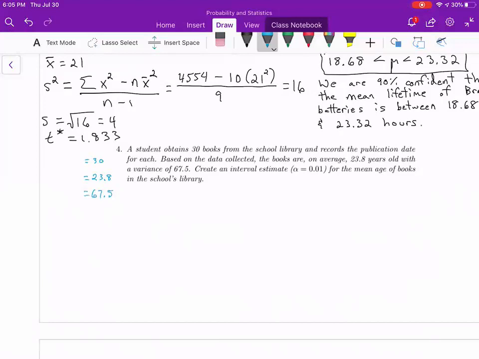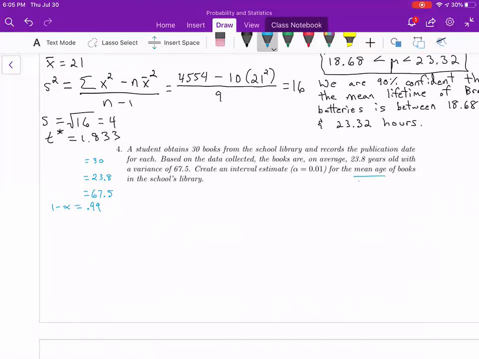Create an interval estimate where alpha is 0.01. Remember that the confidence level is 1 minus alpha, so that means it's asking for us to create a 99% confidence interval. So we want an interval estimate for the mean age of books in the school's library.